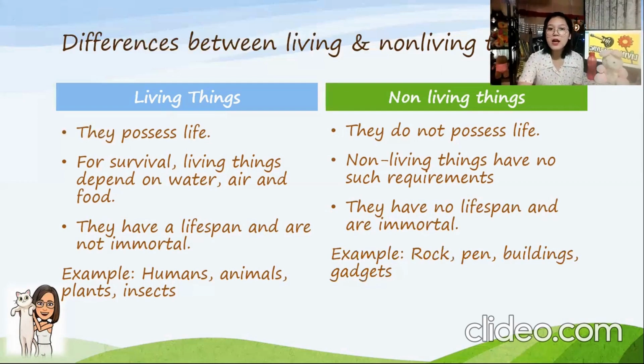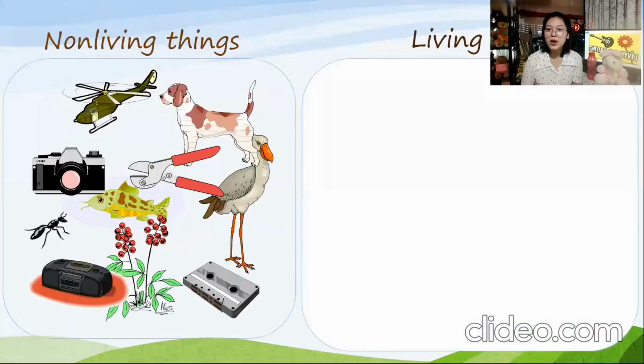Now, can we sing a song in order to differentiate what is non-living things and living things? Yes? All right. But before that, we are going to make a chart. See? In the first box, you can see a lot of things.